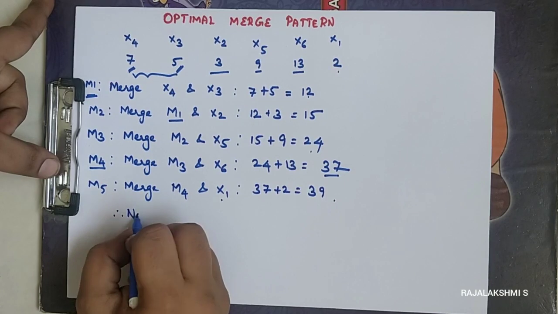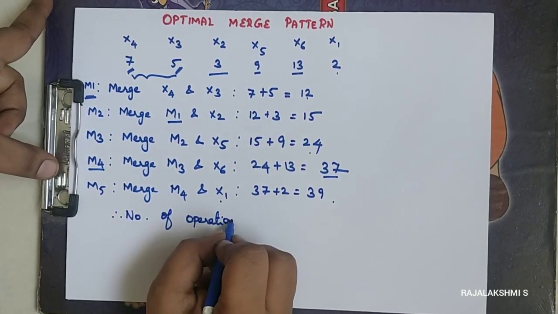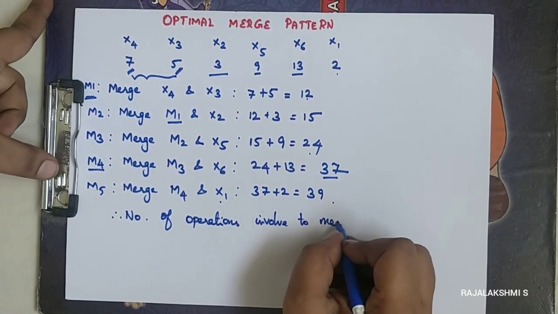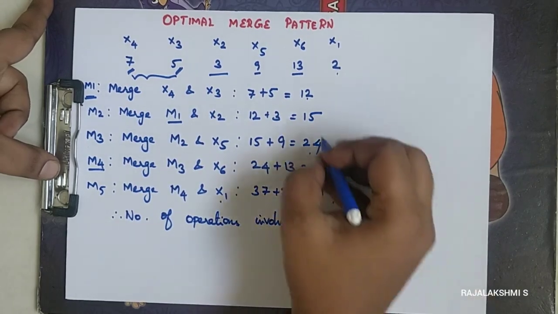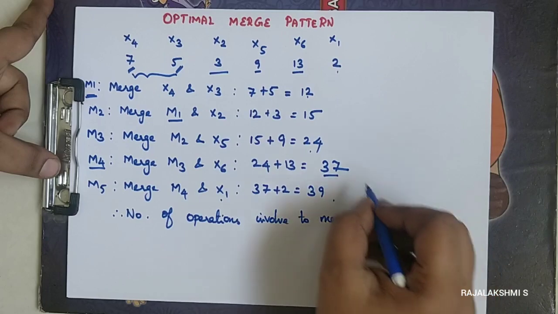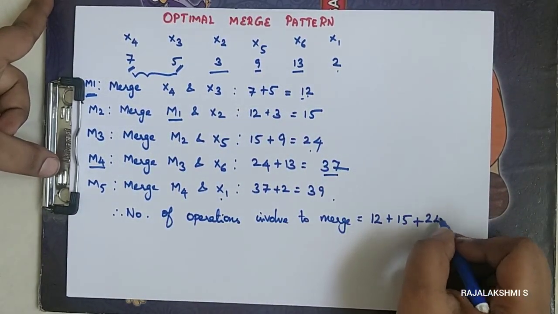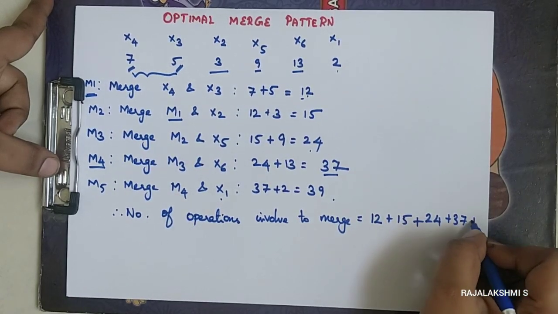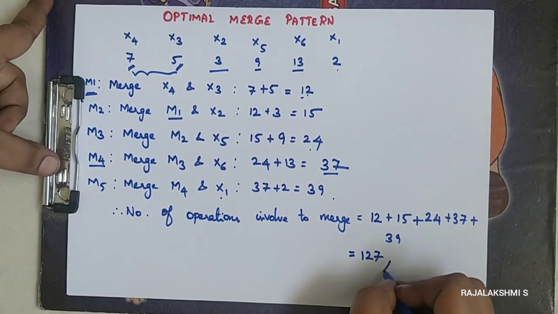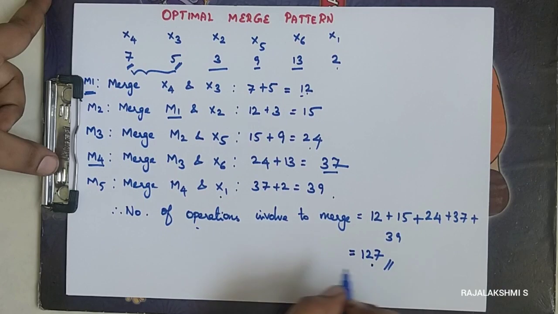So the number of operations involved to merge is equivalent to the sum of the operations that take place at each step, which is 12 plus 15 plus 24 plus 37 plus 39. So it will be equivalent to 127. So the number of operations is equivalent to 127.